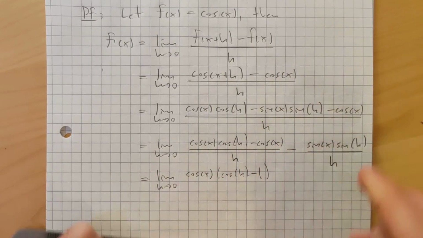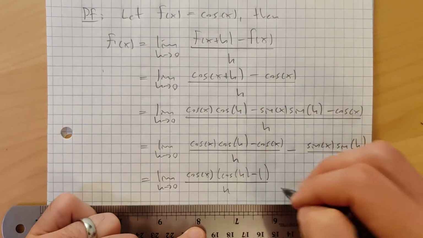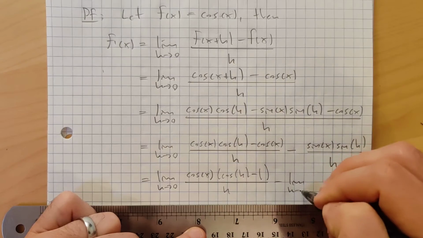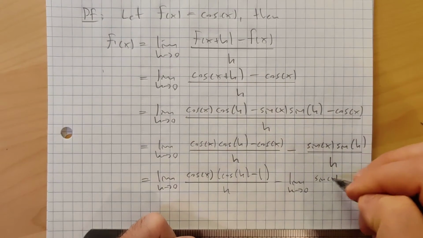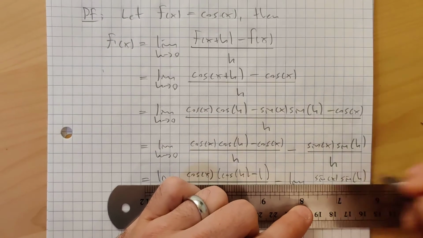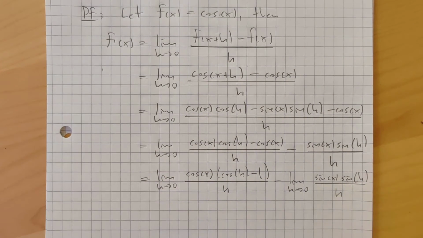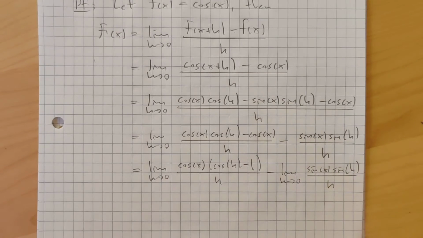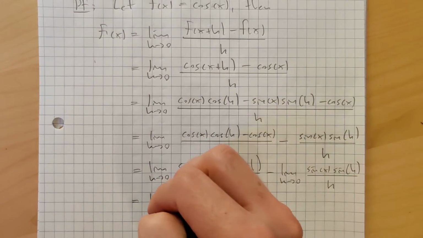So now I have this, and minus the limit as h approaches 0 of sine of x times sine of h over h. I'm allowed to break this limit of a difference into the difference of the two limits so long as both these limits exist, which we'll see later they do.